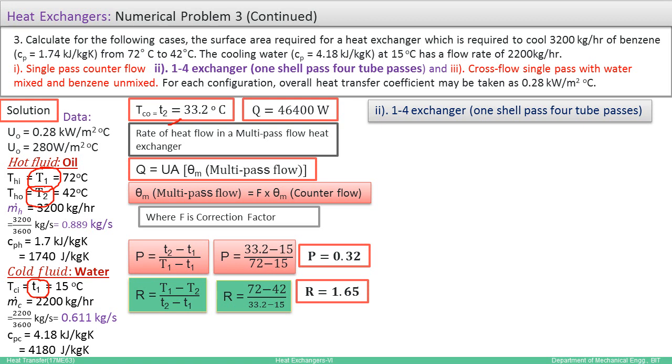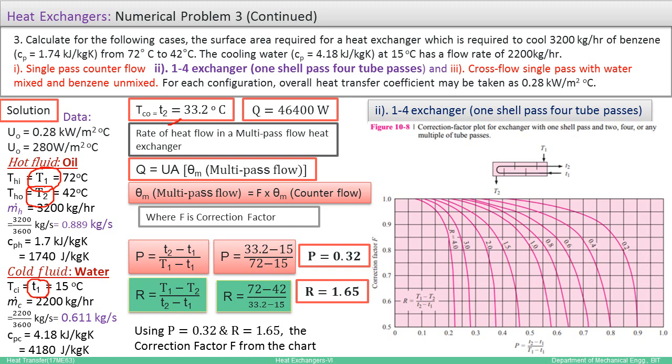Correction factor F. To find out the correction factor, we have to use this P and R. P is small t2 minus small t1 divided by capital T1 minus small t1. So we have all these values found out. T2 is found out. So substituting these values, we can get the value of P as 0.32.